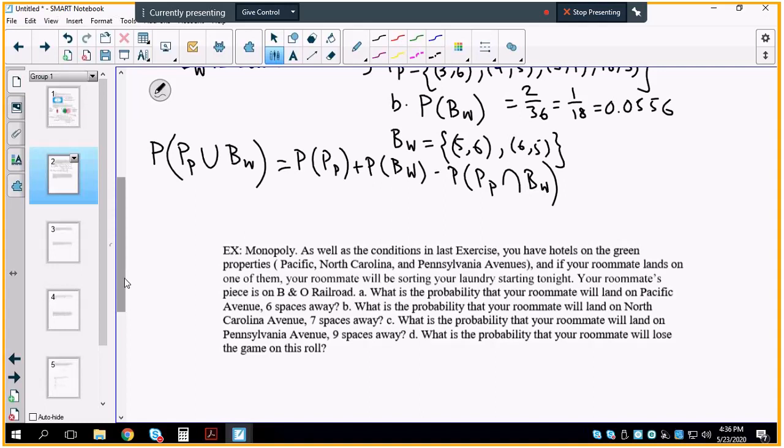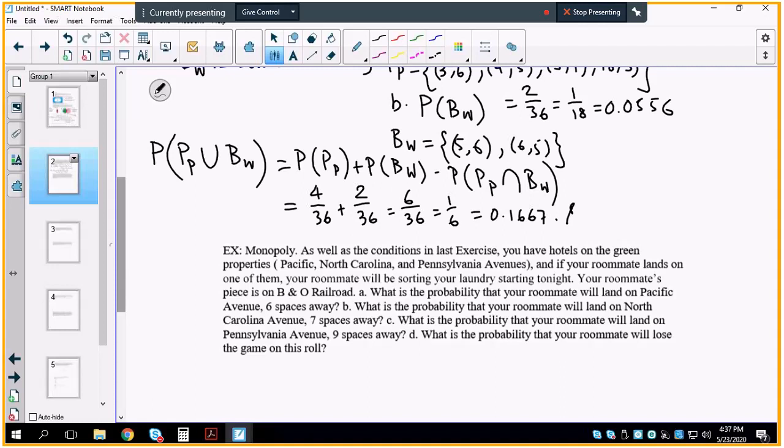So I will say that it's the probability of Park Place, which I found to be 4 over 36, plus probability of Boardwalk is 2 over 36. So I get 6 over 36, which is 1 over 6 when simplified, and then I can write it as 0.1667 rounded to 4 decimal places answers my question.